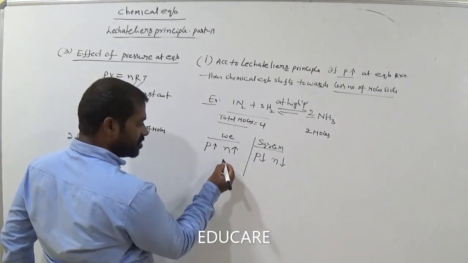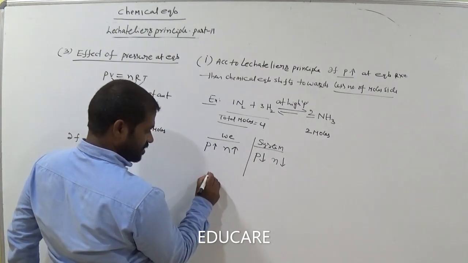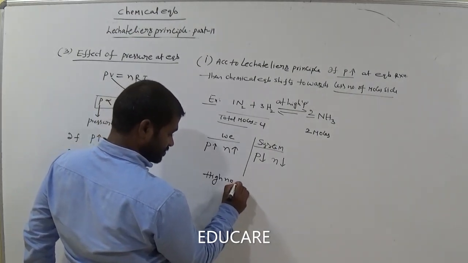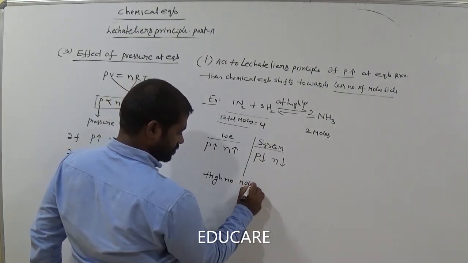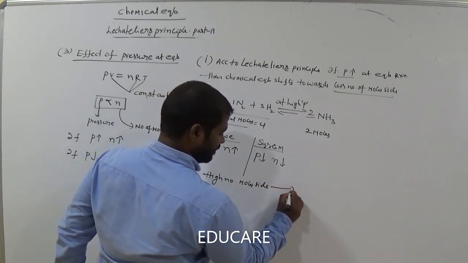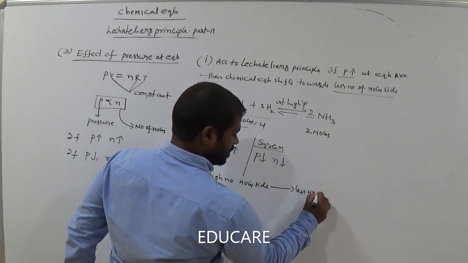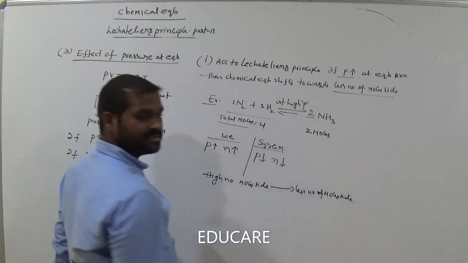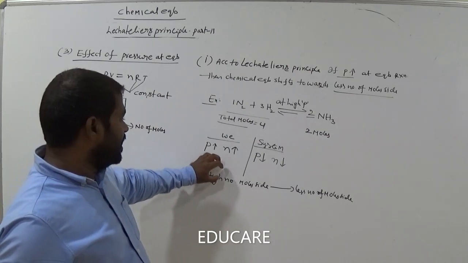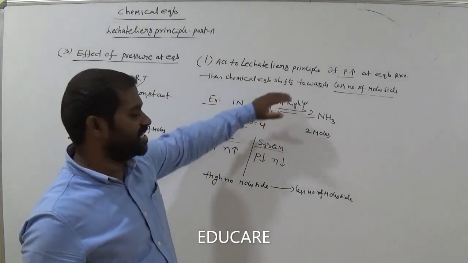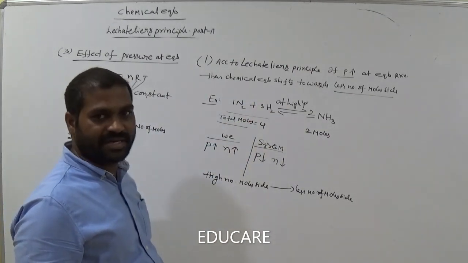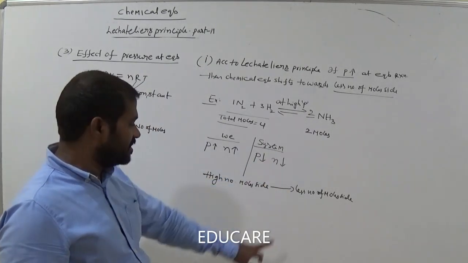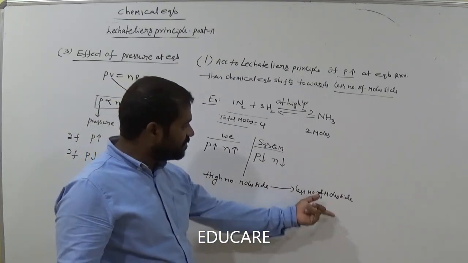So the reaction moves from the high number of moles side to the less number of moles side.